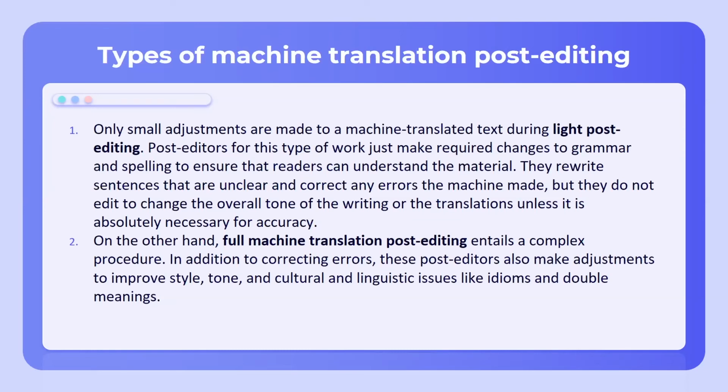They rewrite sentences that are unclear and correct any errors that the machine made, but they do not edit to change the overall tone of the writing or the translations unless it is absolutely necessary for accuracy.